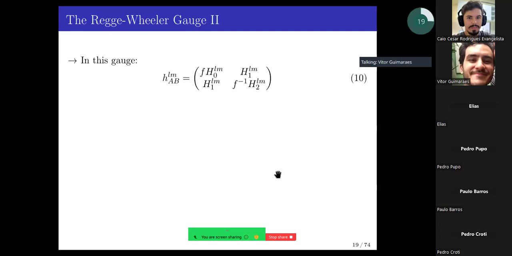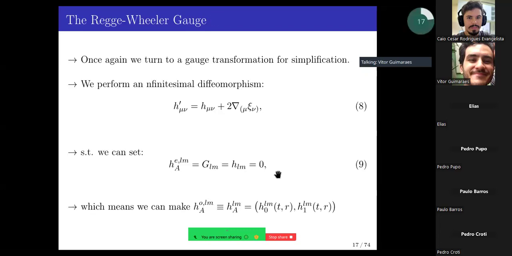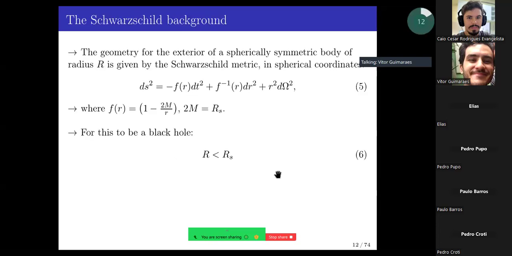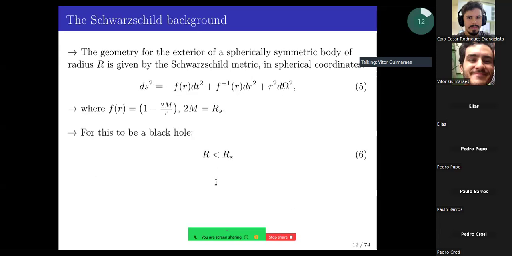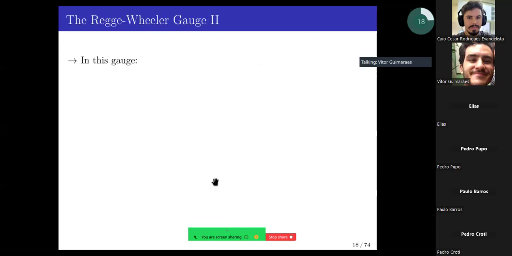So remember we had this, right? We're decomposing each of these functions now. So this is a tensor with respect to t and r, so let's decompose this tensor harmonically. Here we have what this tensor with respect to t and r looks like.